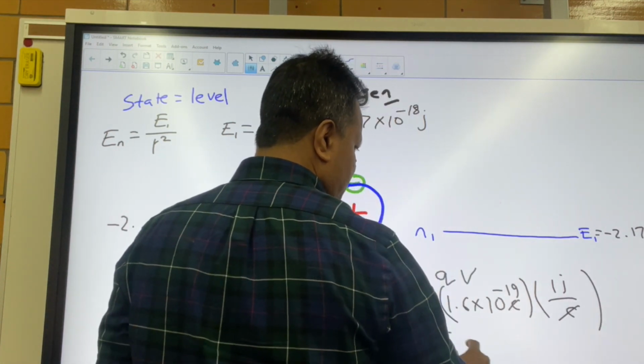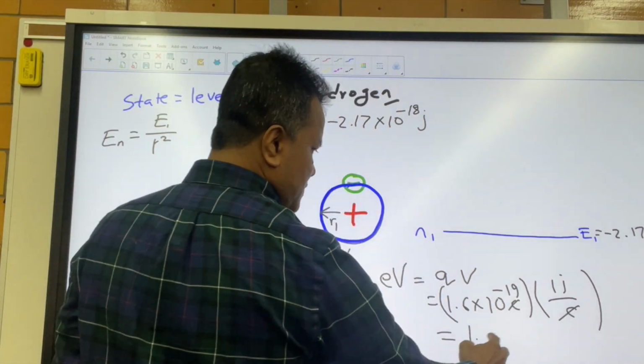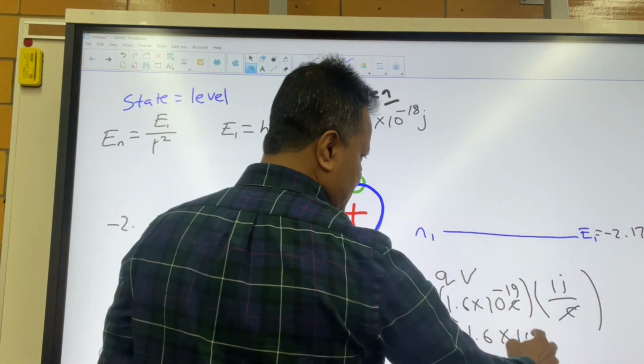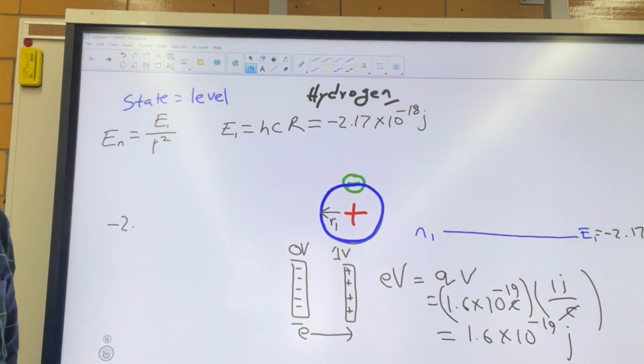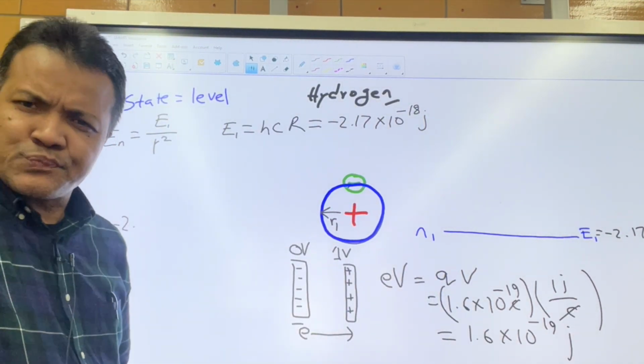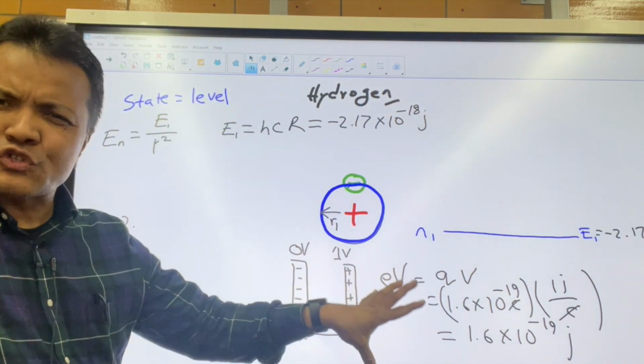Coulomb cancel, so you have 1.6 times 10 raised to negative 19 joule. All right, so 1 electron volt is that much joule.